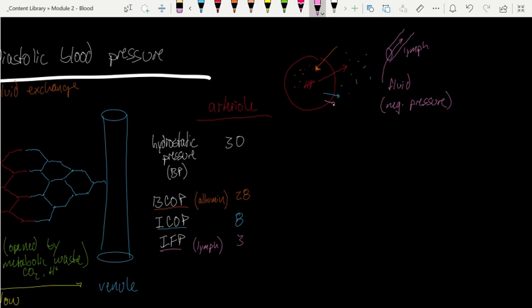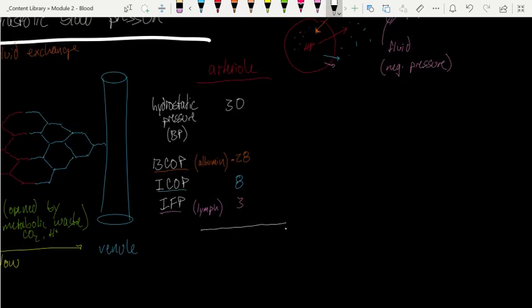Now, if we were to add all of that up, let's give this BCOP a negative value, not because it's a negative pressure, but because it's the one going in the opposite direction. So that negative sign tells us what direction that's going. If we add all of that up, we have 41 going out, right? 30 plus 8 is 38, plus 3, there's 41.